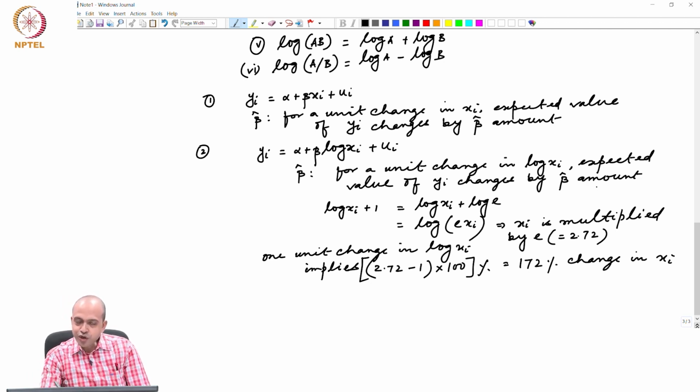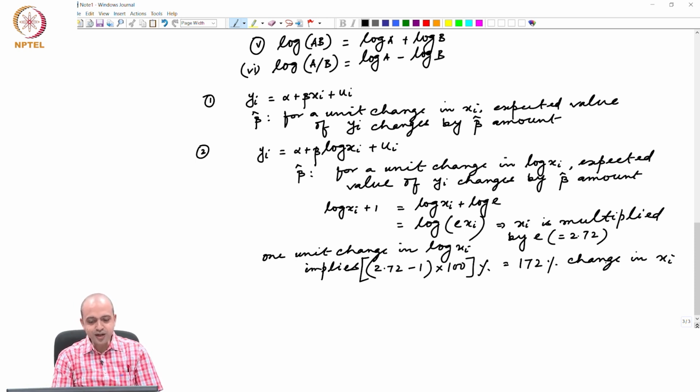Now, a 1 unit increase in log xi is nothing but log of xi plus 1, which is log xi plus log e. That means it is nothing but multiplying x by e, which equals 2.72. If you convert this into a proportional percentage change, it is 2.72 minus 1 into 100, which is 172 percent change.